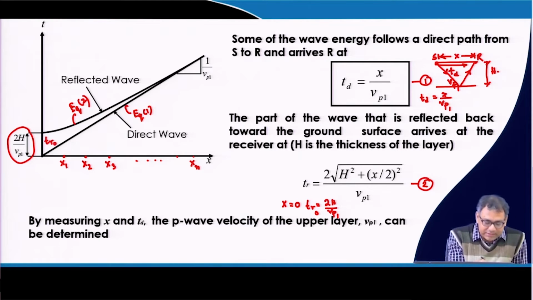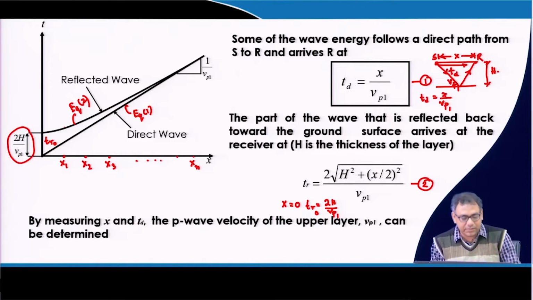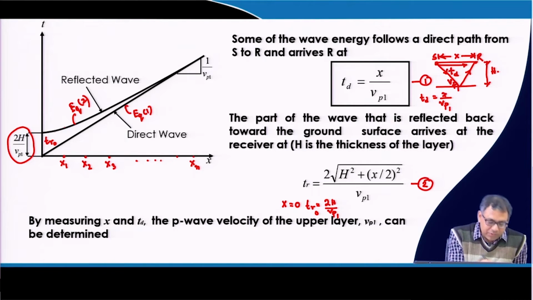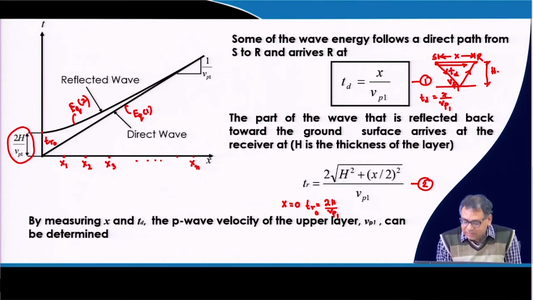So, I will extend this line, because it may not start from x equal to 0; it may start at some value of x, but you have to extend that line to make it 0. Then the intersection point of the curve with the t axis gives the corresponding time, TR 0. That TR 0 is equal to 2h by Vp 1.